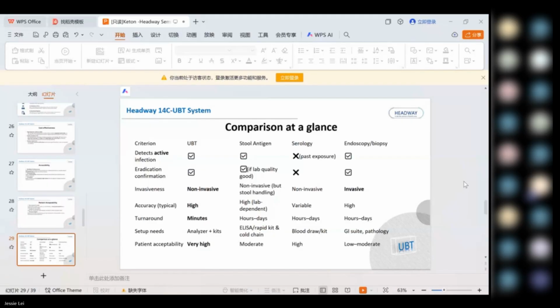But normally we don't recommend children or pregnant women to be tested for H. pylori, because even when H. pylori positive is confirmed, the treatment needs medications like antibiotics and PPI, and antibiotics may need to be taken for 2 or 3 weeks. For pregnant women, it's not good to take antibiotics.